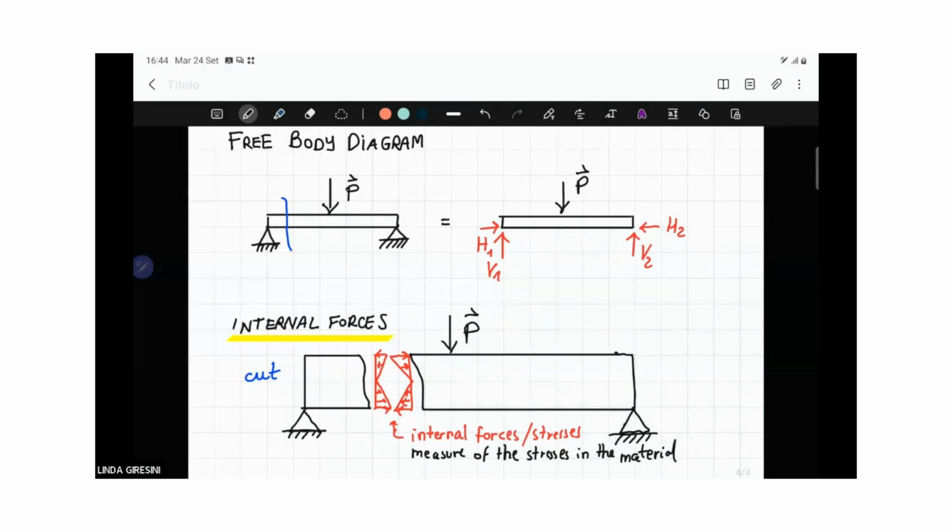So I practice a cut, and from this cut I know that making any cut there is a distribution of internal stresses. Why are these stresses important? Because I need to know what the stresses are in the material in order to be sure that this stress is less than the strength. Otherwise, my material fails. So structural engineering, do you remember the title of the book which I suggested before?